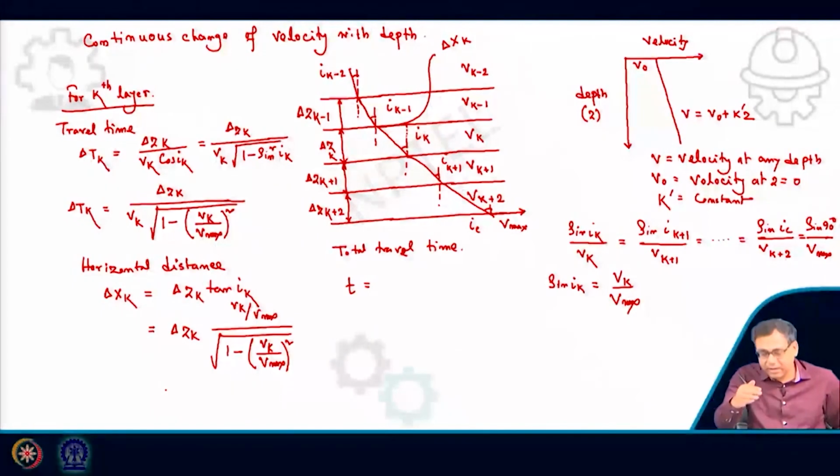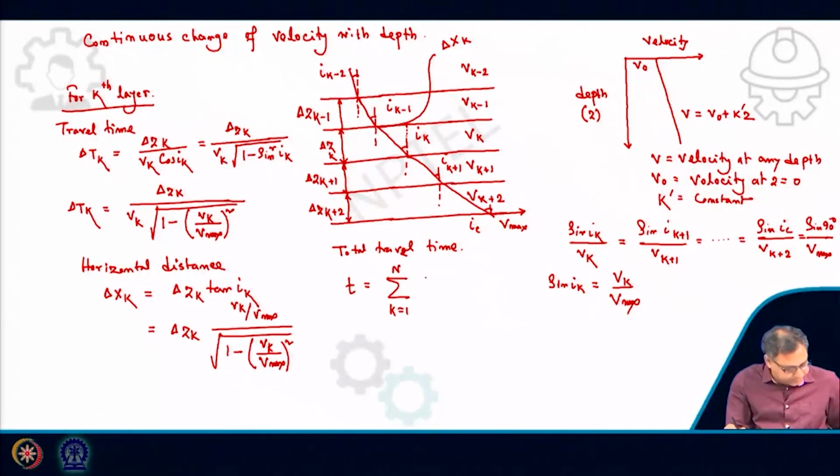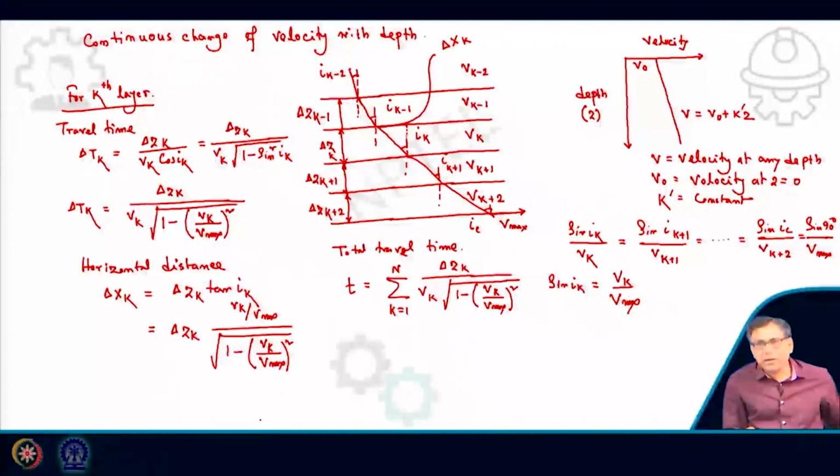Now the total travel time from the top to that maximum depth will be the summation, k equal to 1 to n, of del zk by Vk root over 1 minus Vk by Vmax whole square. Now similarly I can write the net horizontal distance.